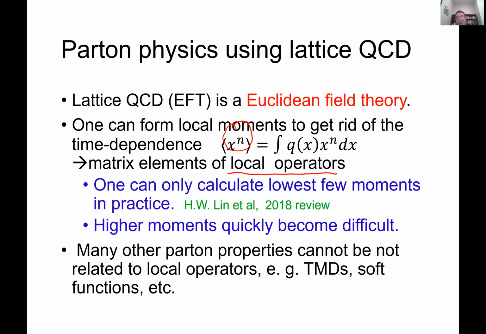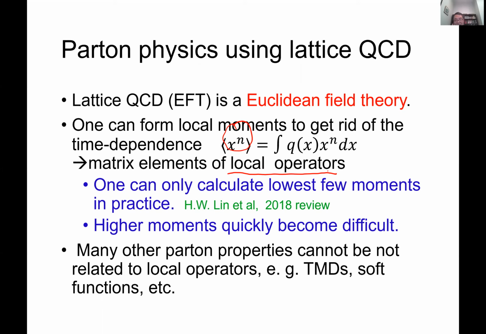There's another problem with that. The moment approach only works when you have collinear PDFs. There you take moments, and it becomes a local operator. But there are many other low energy constants or Parton properties that cannot be related to local operators.